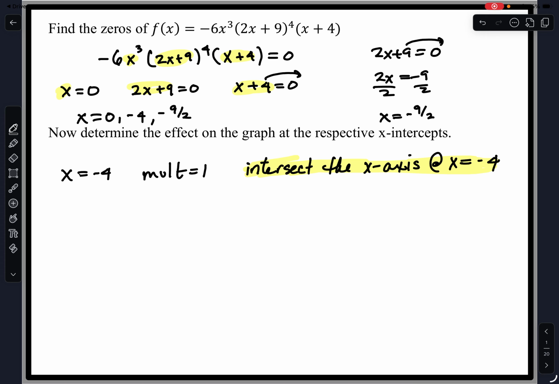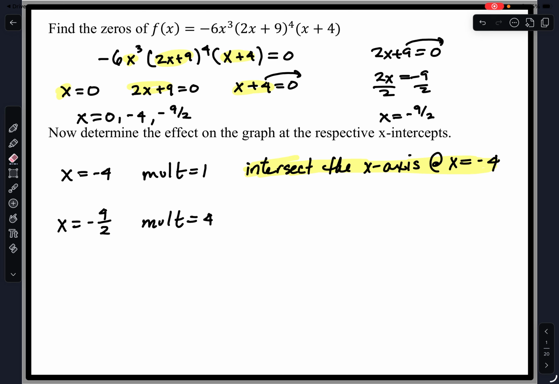Now the next one is negative 9 over 2, which is negative 4.5. Actually, I think that one should have probably been done first. Negative 9 divided by 2. Yeah, and this should have been done first. The multiplicity for that one is 4, because we got this solution by looking at this factor set equal to 0, and because it's raised to the fourth power, the multiplicity is 4.